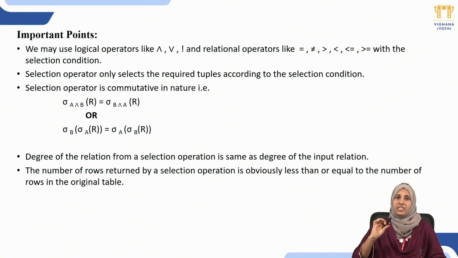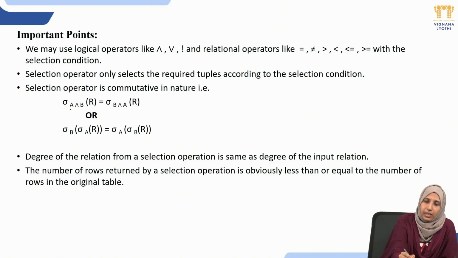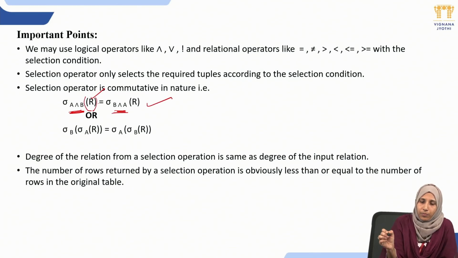Second, the selection operator selects the required tuples according to the selection condition. The third important point is the nature of the selection operator: it is commutative in nature. That means, see, I have written select A and B on relation R, that equals selection of B and A. Here I wrote A and B, here I wrote B and A, both are same.